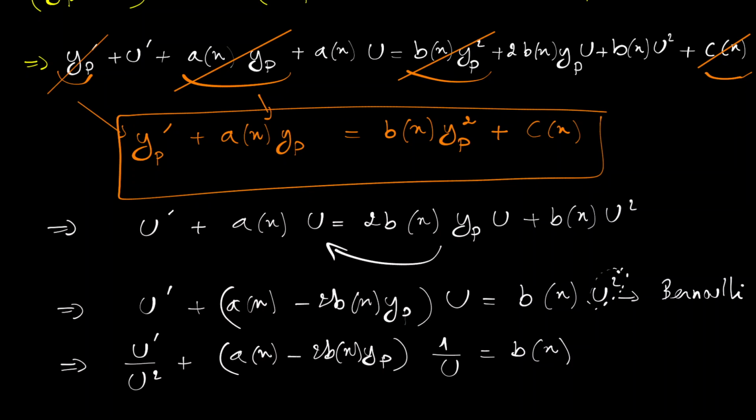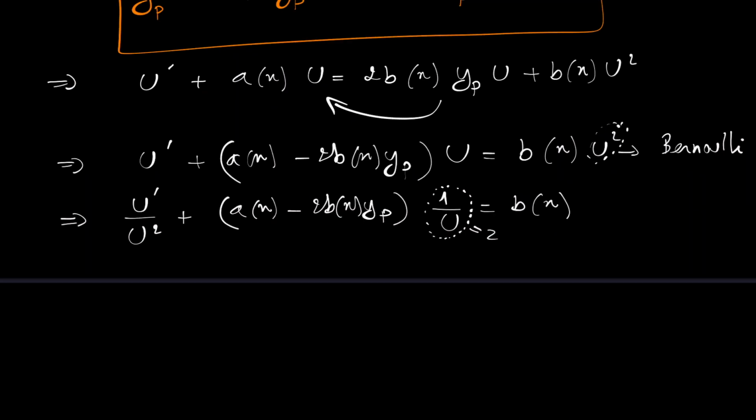Now we use the substitution by putting this equal to z to transform it into a linear equation. So by putting z equals 1 over u, we obtain z prime equals minus u prime over u squared, which is the same term here multiplied by minus 1.